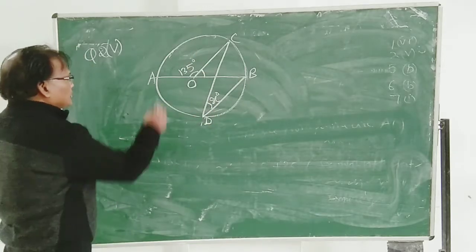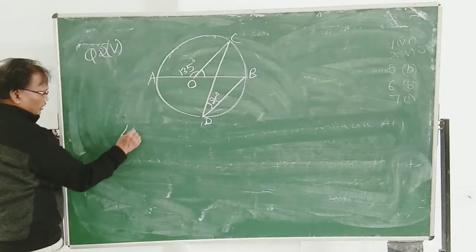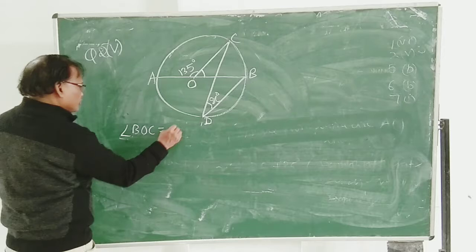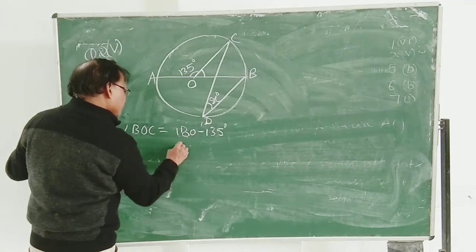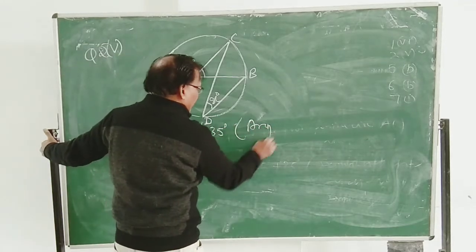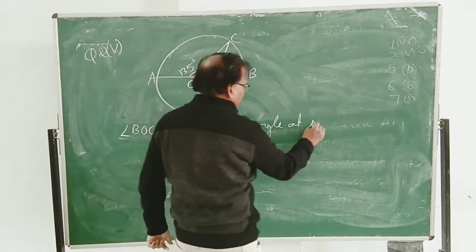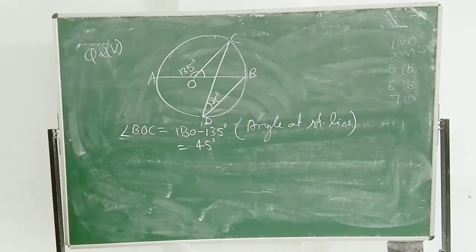So apply the same formula, but before that find angle BOC. Angle BOC is equal to 180 minus 135 is equal to 45 degree, angle at straight line.